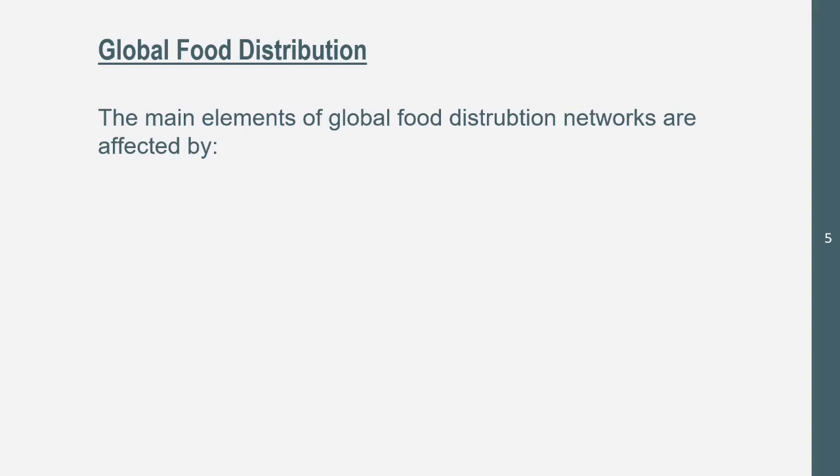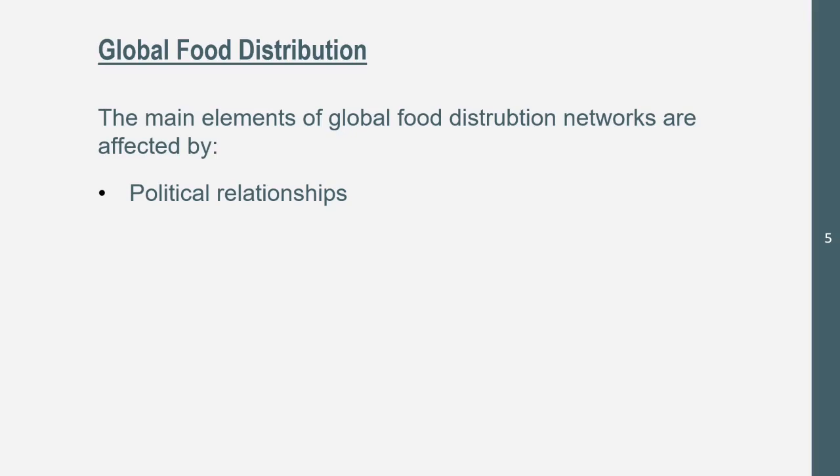Now let's get into global food distribution. So the main elements of global food distribution networks are affected by certain things, and these are political relationships. So a country, let's say, states in Africa, let's say they export food to a country like China.